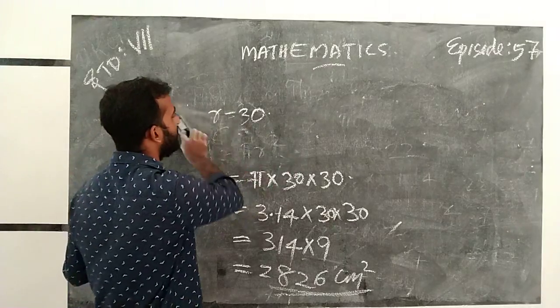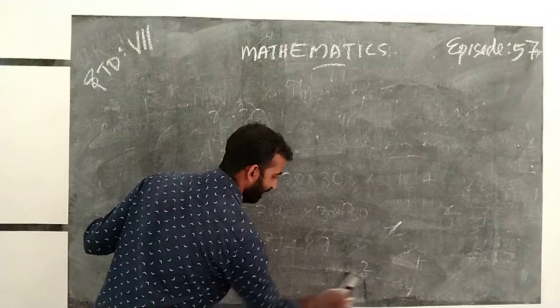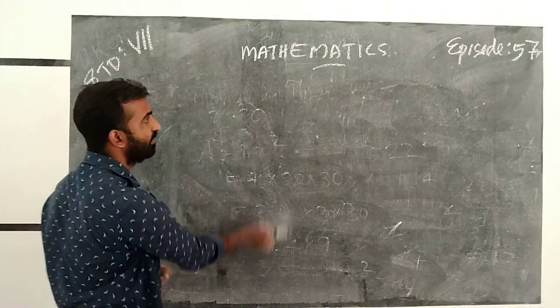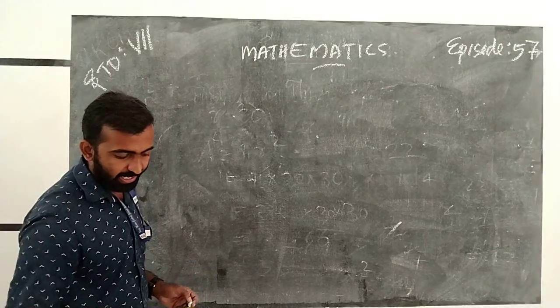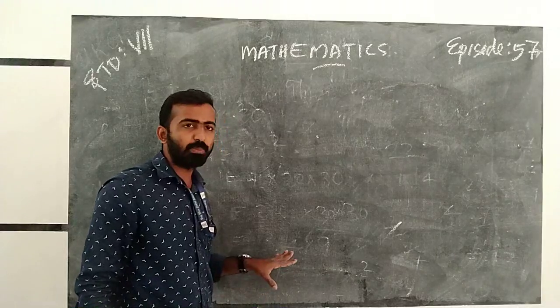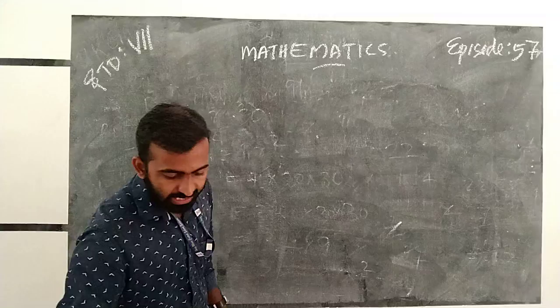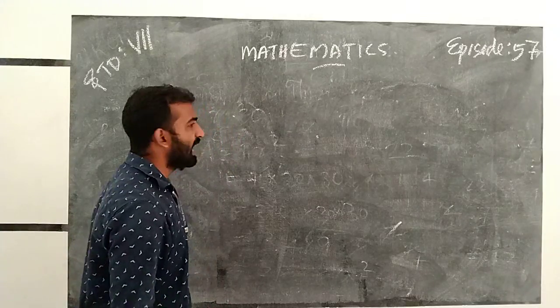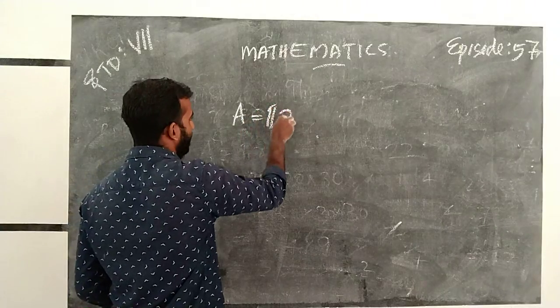And next we are going to discuss example 18. The diameter of a circular garden is 9.8 centimeters. Find its area. The area is pi r square.